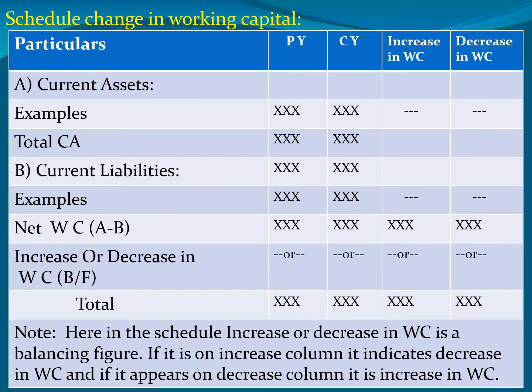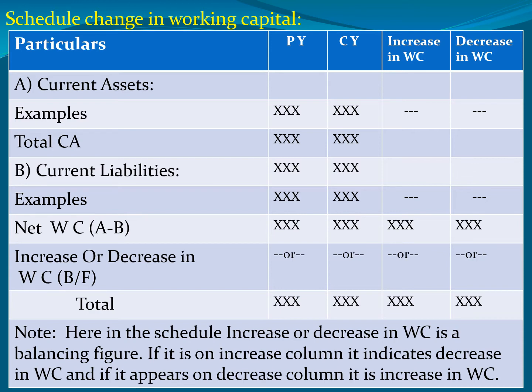The balancing figure comes. Here I have given an example 50,000, 70,000. So 20,000 you have to write in the previous year column, and that is an increase in working capital, because last year it was 50,000, in current year it is 70,000. So 20,000 is the increase in working capital. That is the balancing figure.